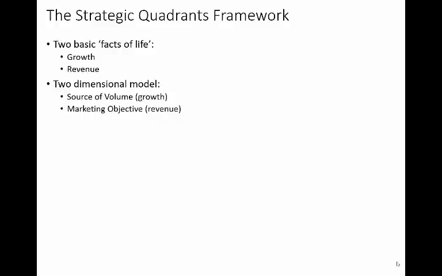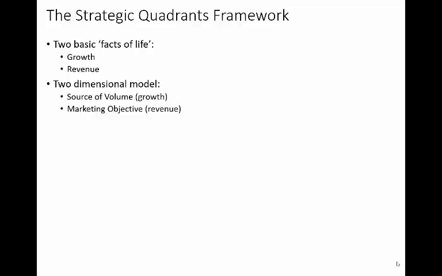Next, I want to share with you the strategic quadrants framework. This is another 2x2 matrix, and it was created to help organizations identify their strategy so that they could ultimately choose tactics in the marketing mix that would be appropriate for going to market with that purpose in mind.